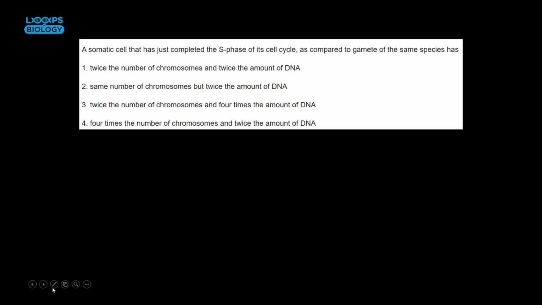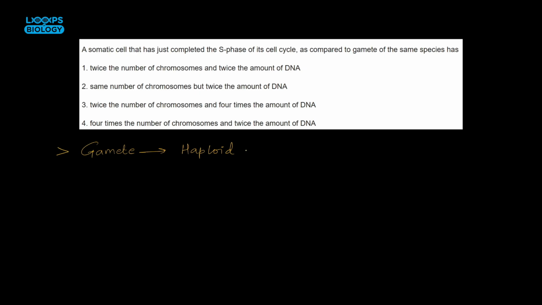A somatic cell has just completed the S phase of its cell cycle, as compared to gametes of the same species, has. Now, whenever I am talking about gametes, generally they are haploid in nature.